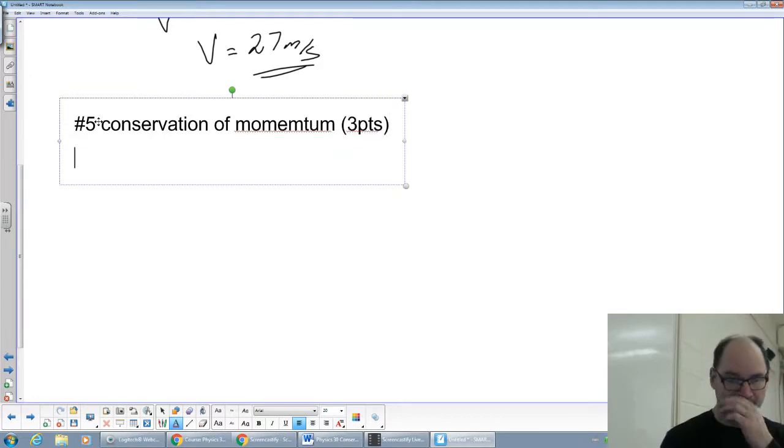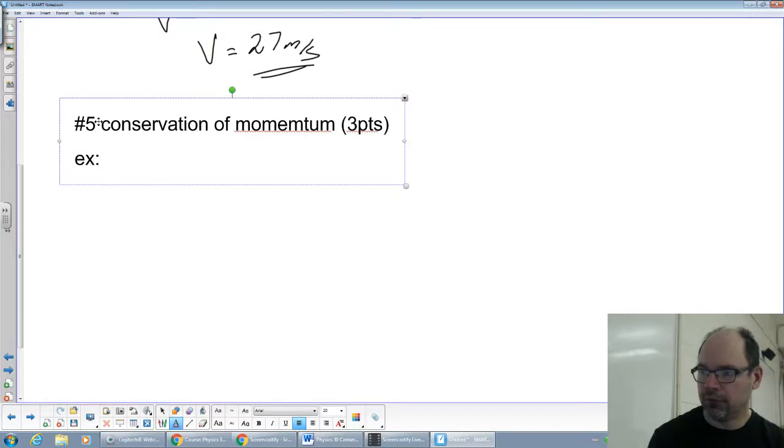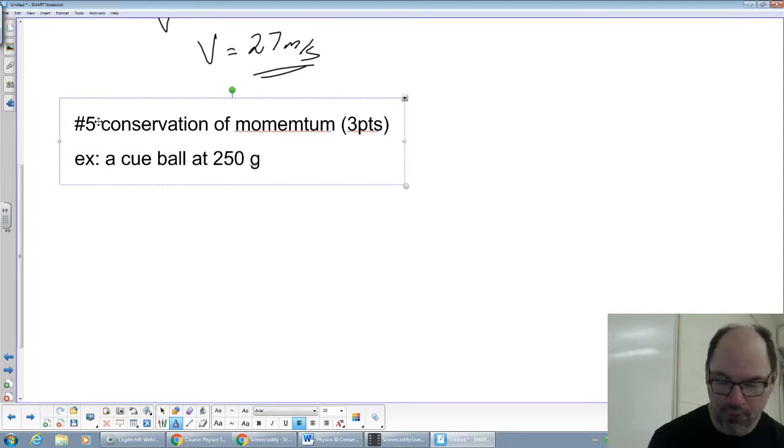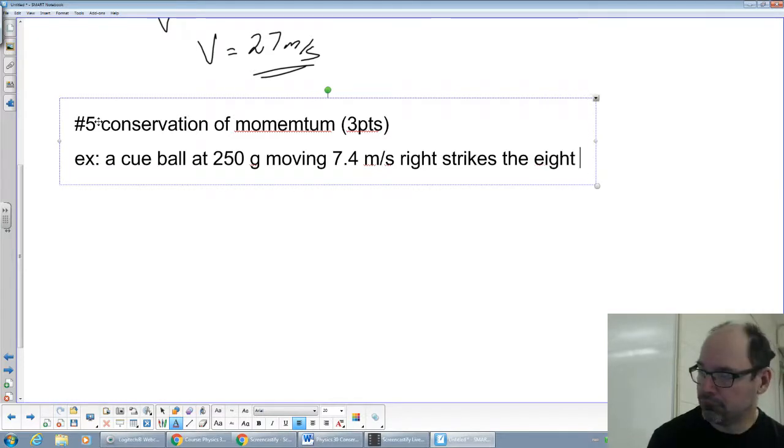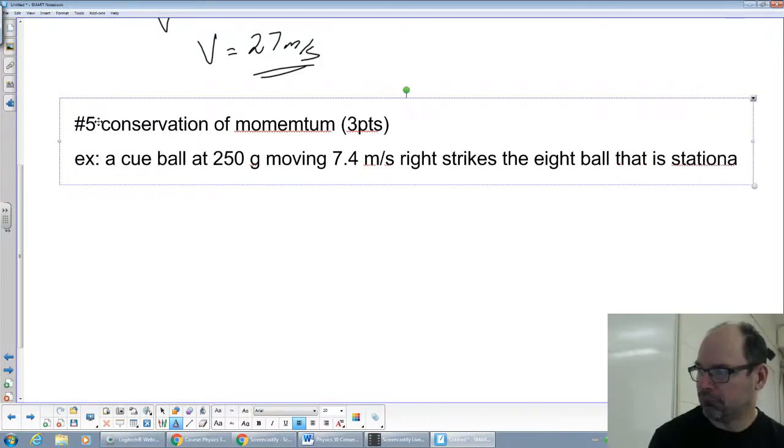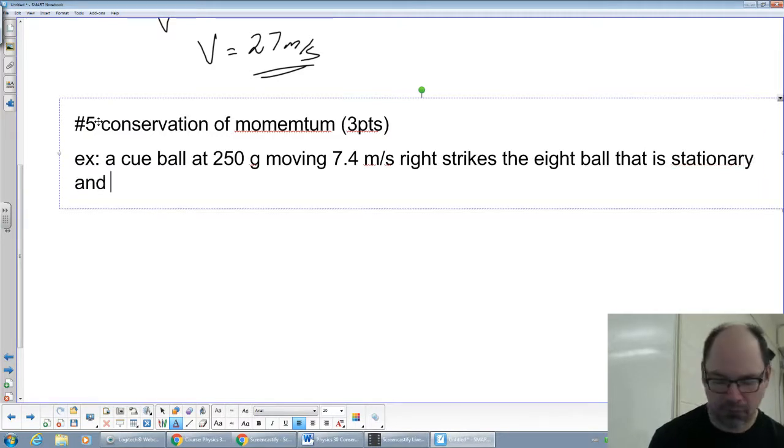Okay, so an example of this: a cue ball of 250 grams, moving 7.4 meters per second right, strikes the 8 ball that is stationary, let's say 180 grams.